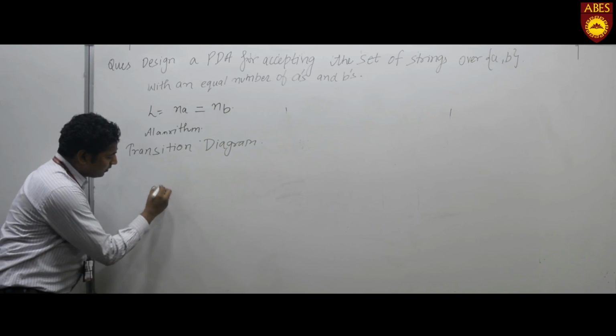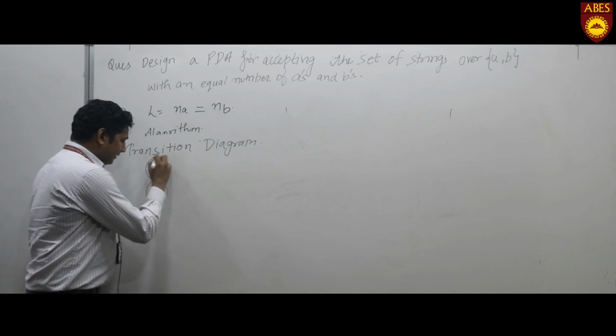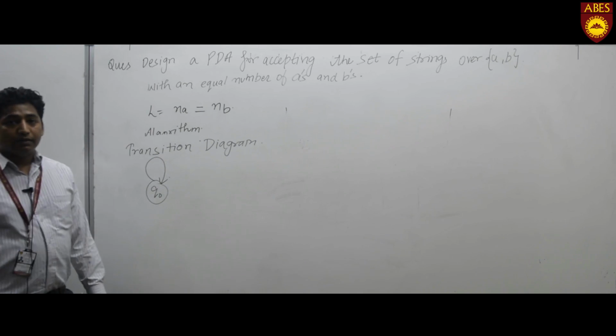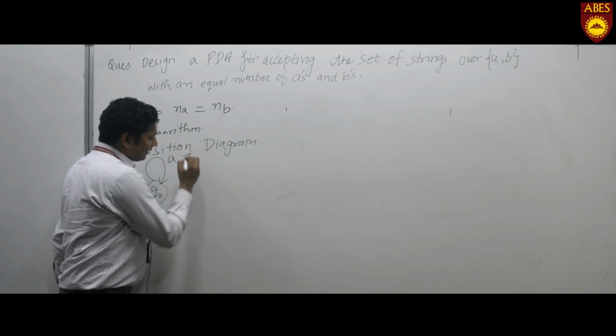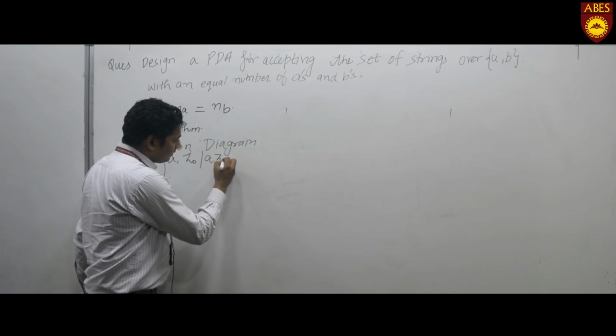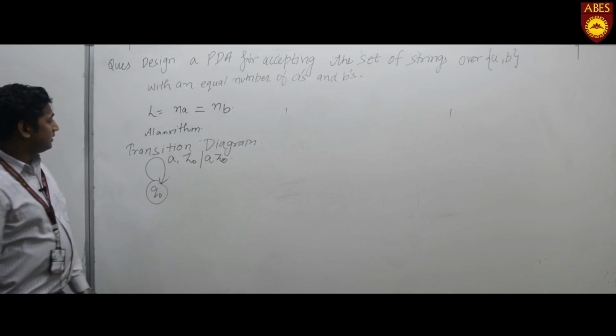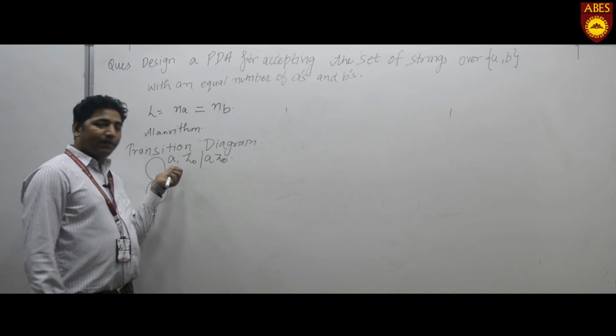We are on state Q0 and the first symbol is A and stack top is Z0. So the output will be AZ0. This is for the first condition when the first input alphabet is A.